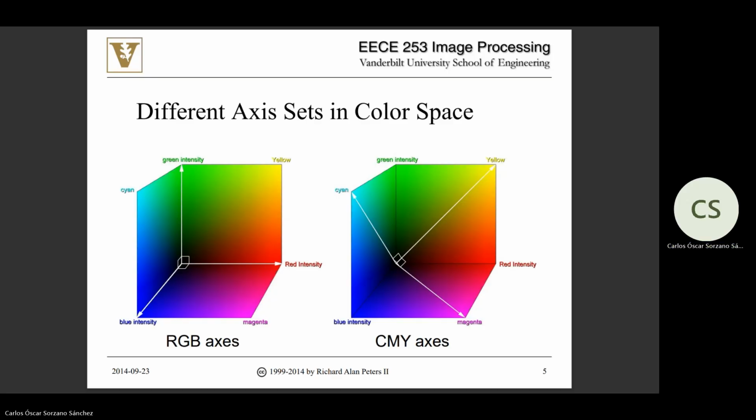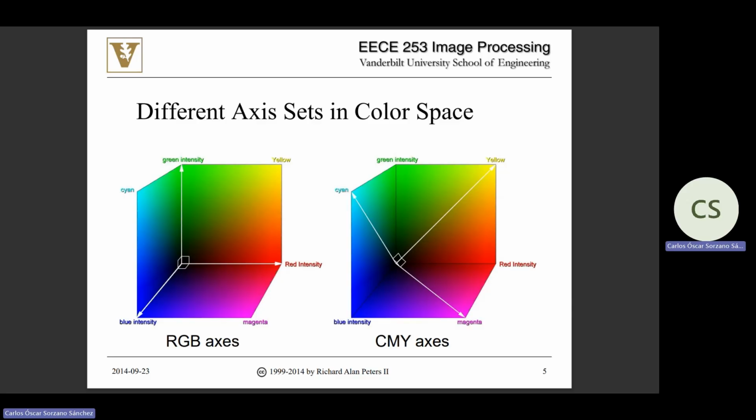Very good. Then we also said that, for instance, when we print, we are using the cyan, magenta, and yellow axes. And now, if we think of these axes in the color cube, this is the orientation. So let's think of the yellow axis.